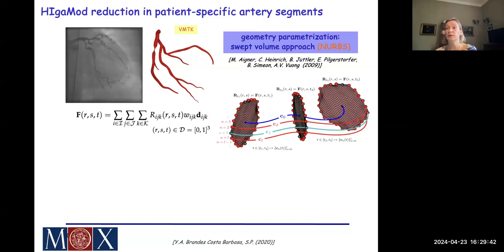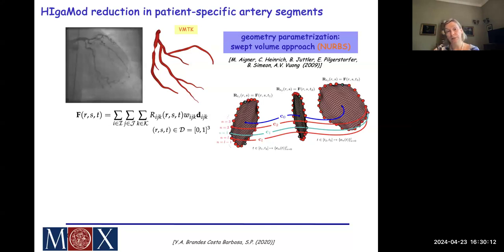Indeed, we have settled an approach to parameterize the computational domain, so a swept volume approach based on NURBS. So the idea is to recover the volume by moving through the space a two-dimensional shape whose geometry may change during the sweep.